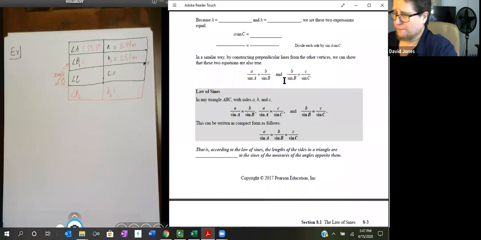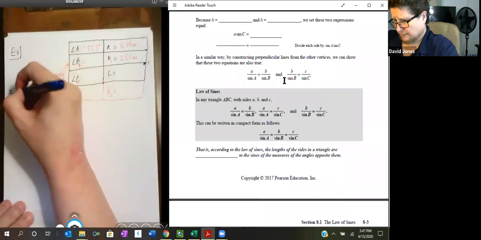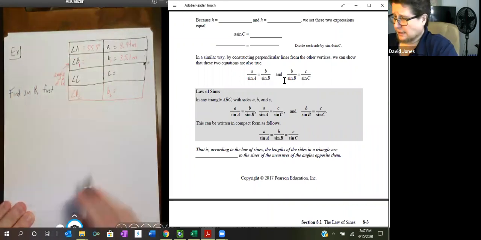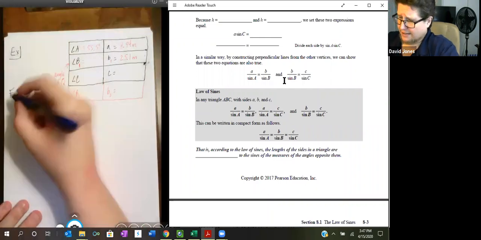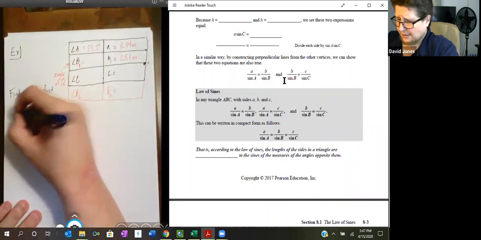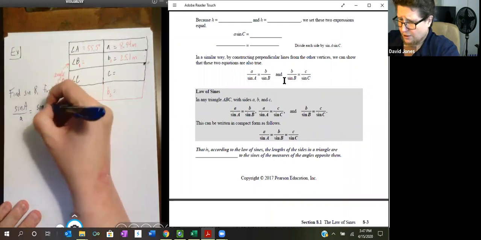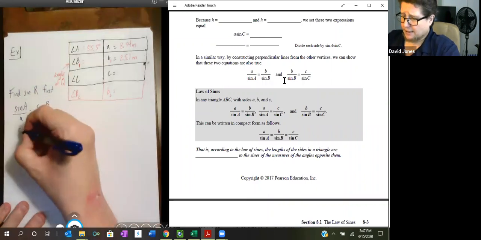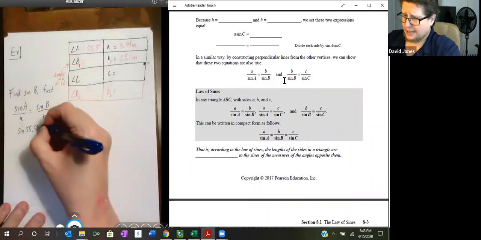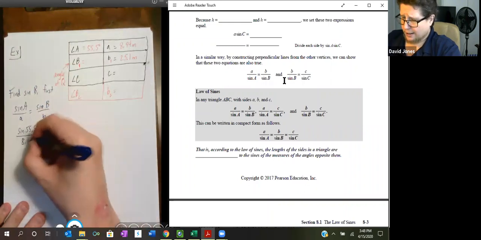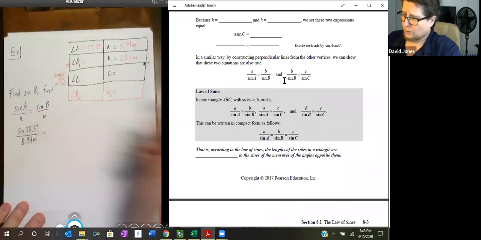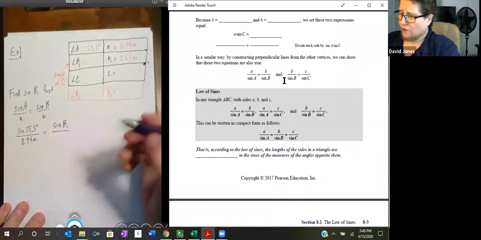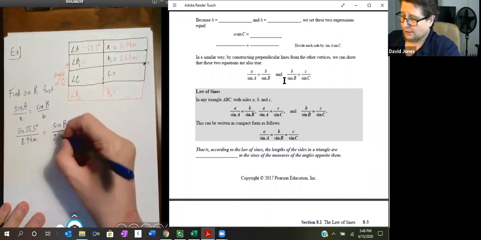So let's find sine of B1 first. We have sine A over A equals sine B over B. Sine of 55.5 degrees over 8.94 meters equals sine of B1 over 25.1 meters.